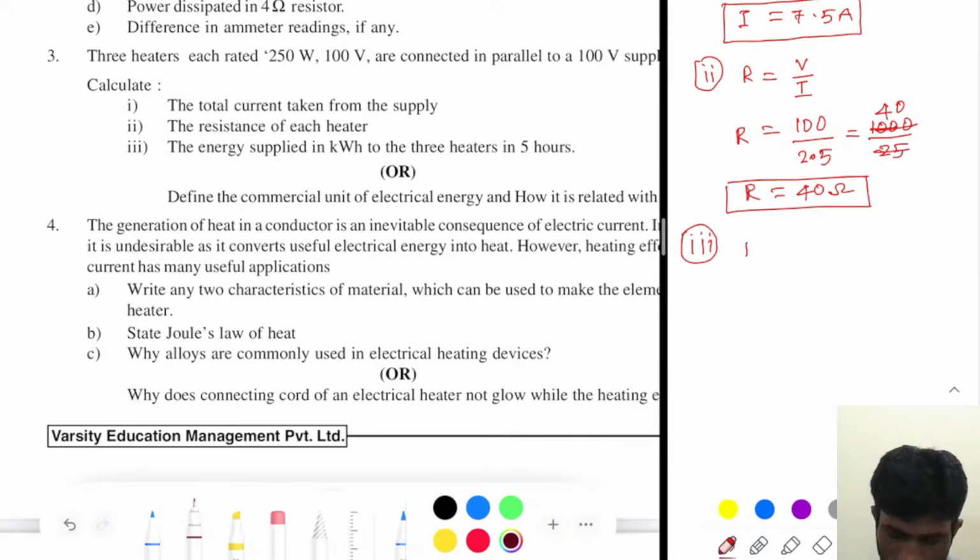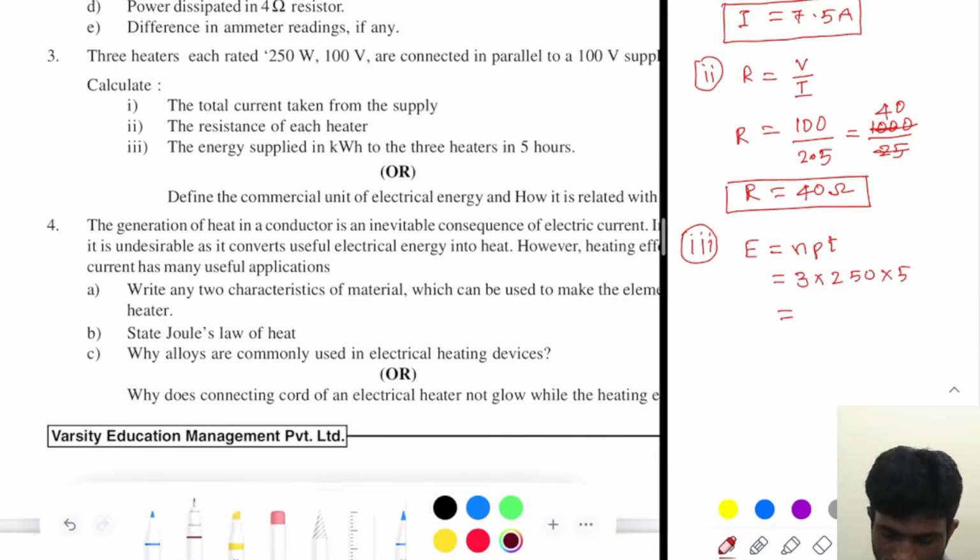What is N? Number of devices, 3 heaters. What is P? Power of each device. It is given as 250 watt for each device. And how many hours is each device working? 5 hours. So this is going to be the total energy.